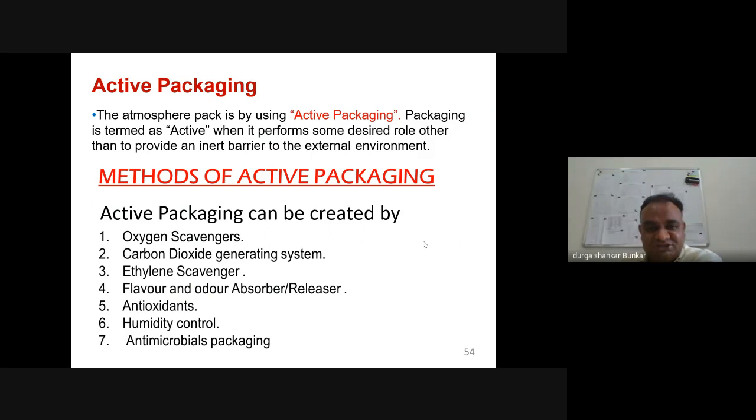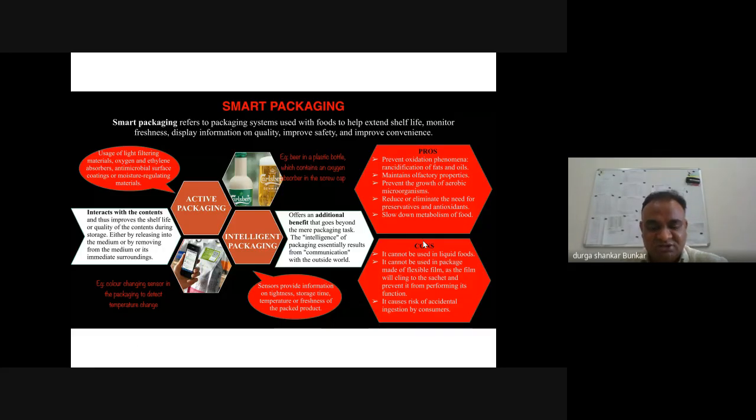Then active packaging is another new trend of packaging. For active packaging we can use oxygen scavengers, carbon dioxide and ethylene scavengers, flavor and odor absorbers, antioxidant, humidity control, and antimicrobial packaging. The recent new term is smart packaging, and there is some difference between active and intelligent.